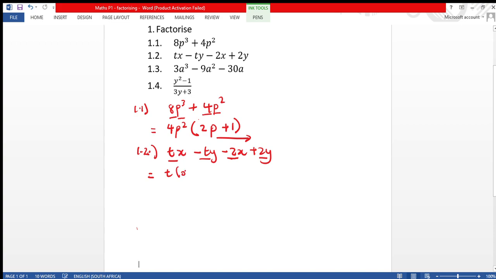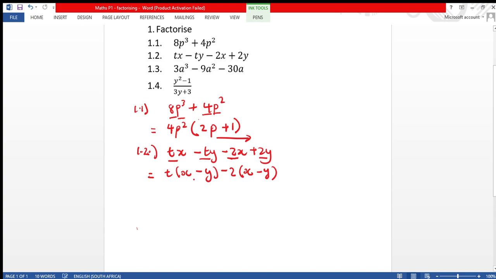Dividing the first term, you're left with x, then the second term you'll be left with minus y. And here let's take out 2 as a common factor, or minus 2 as a common factor. Here dividing that term, you'll be left with x, and then here you'll be left with minus y.